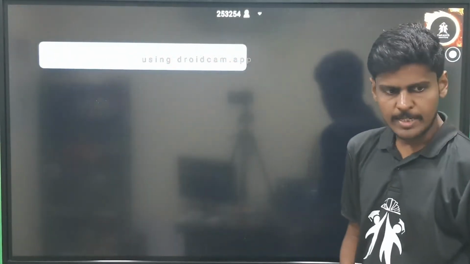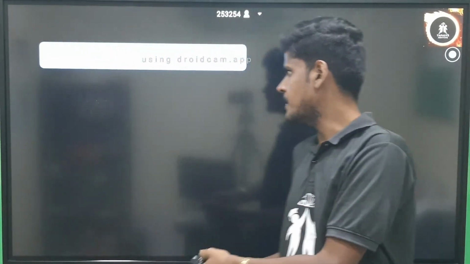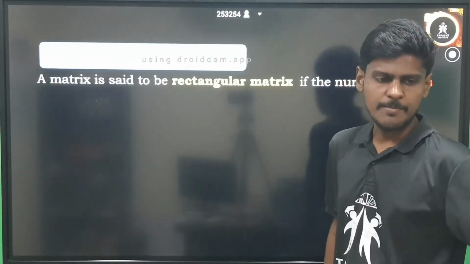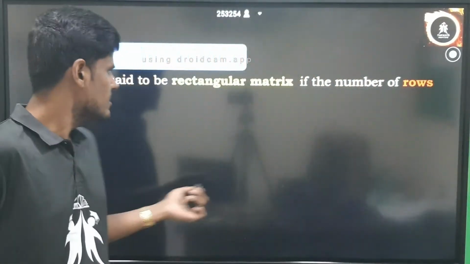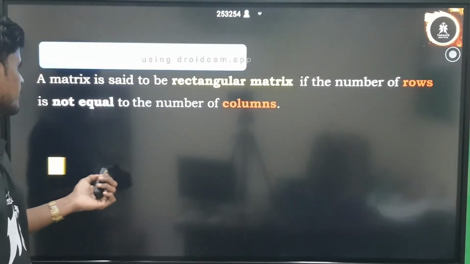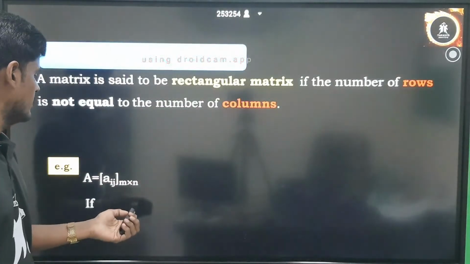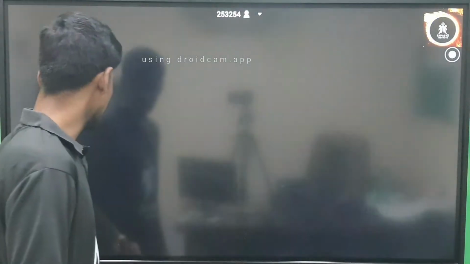Next is a rectangular matrix. What is a rectangular matrix? Any matrix that is not a square matrix is called a rectangular matrix, as simple as that. So when the number of rows and columns are not equal, it becomes a rectangular matrix. That is, m is not equal to n.